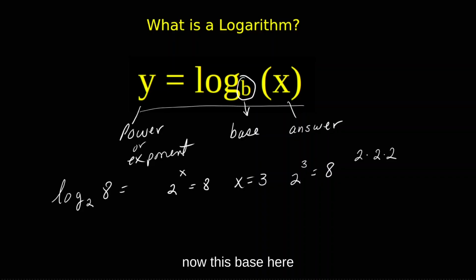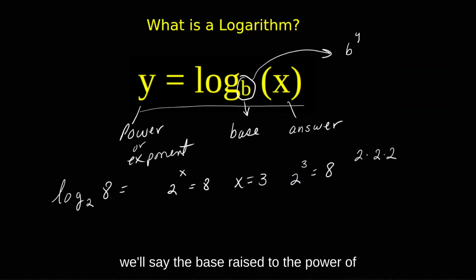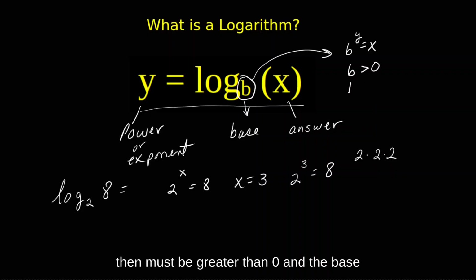Now, this base here, we'll say the base raised to the power of y is equal to x. We'll say that this base must be greater than 0, and the base cannot equal 1.